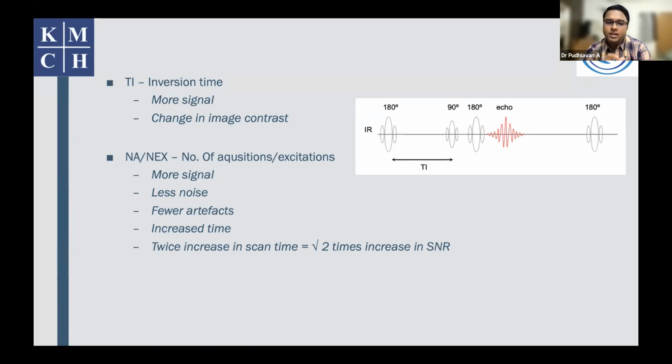If you want to increase the SNR twofold, then you will have to repeat the scan 4 times and image for 40 seconds. So whenever you are increasing the number of acquisitions to get a good quality image, keep in mind that a doubling of acquisitions will only increase the signal by the root of that number of acquisitions.